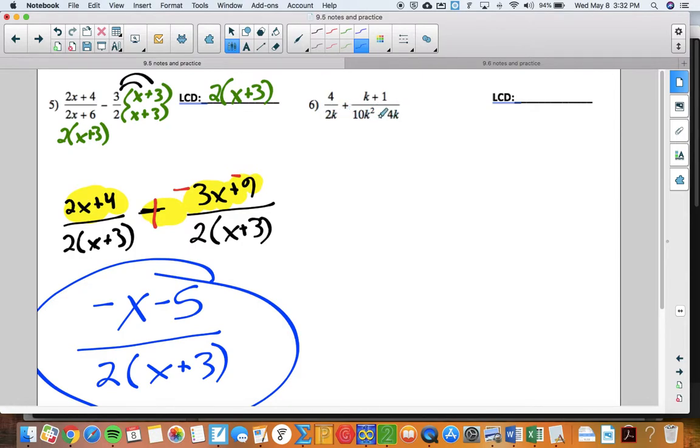So there we are. Let's look for a common denominator on the bottom. But before you do that, see if you can factor anything out. Of this denominator, I can factor out a 2k. That leaves me with 5k plus 2.